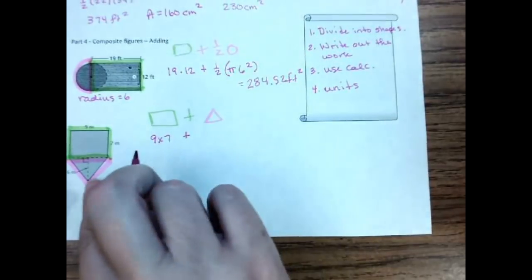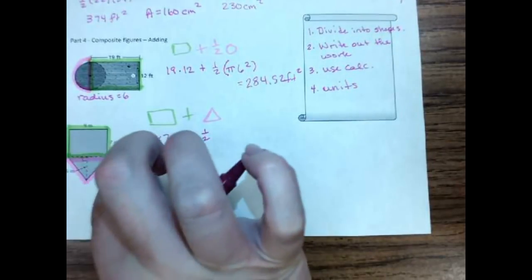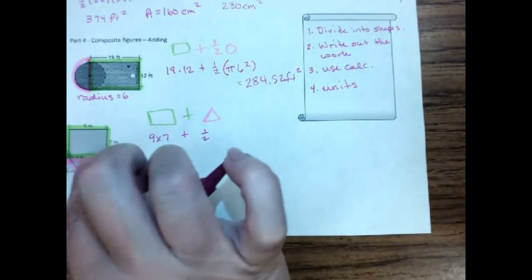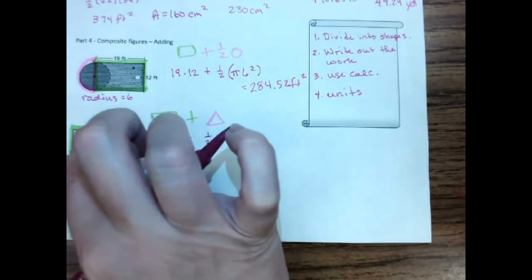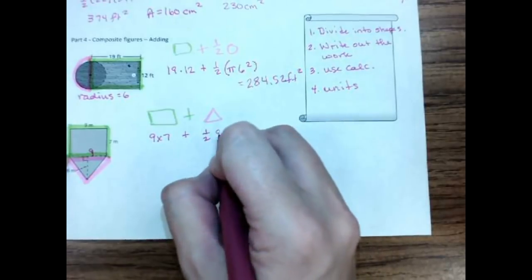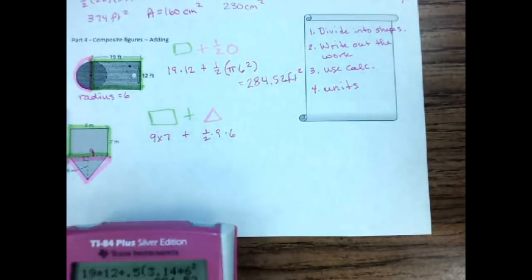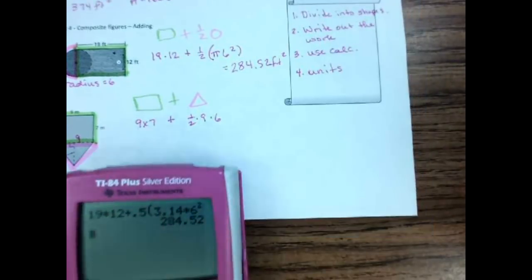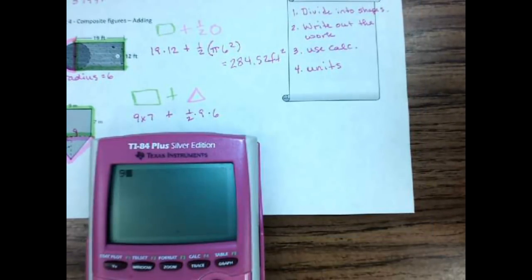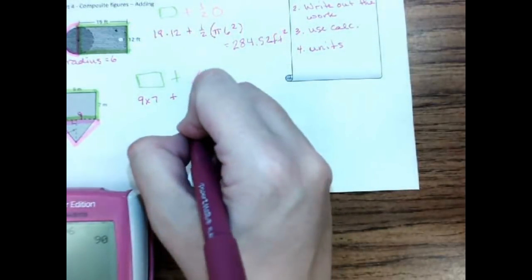And then the triangle is 1/2 the base. Where's the base of the triangle? Well, it would be this side, but this side of the rectangle is the same length as that side, so it has to be 9. And then the height of the triangle is 6. Now I'll use the calculator: 9 times 7 plus 1/2 times 9 times 6. 90 meters squared.